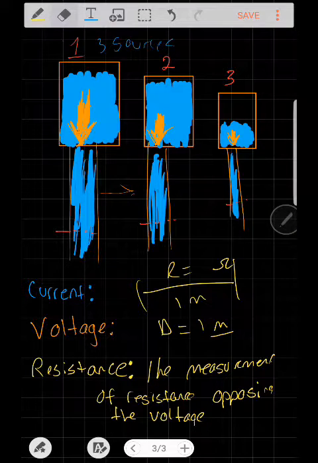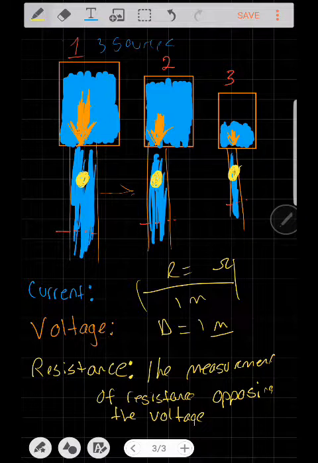So let's go back to our analogy over here. Let's call this a resistance, maybe a resistor. Each of these has one resistor. These are all the same size, or roughly the same size, so let's call these 1 ohm, 1 ohm, and 1 ohm.